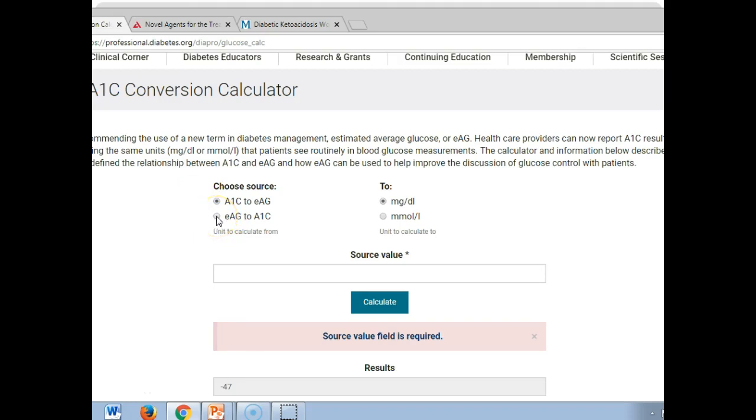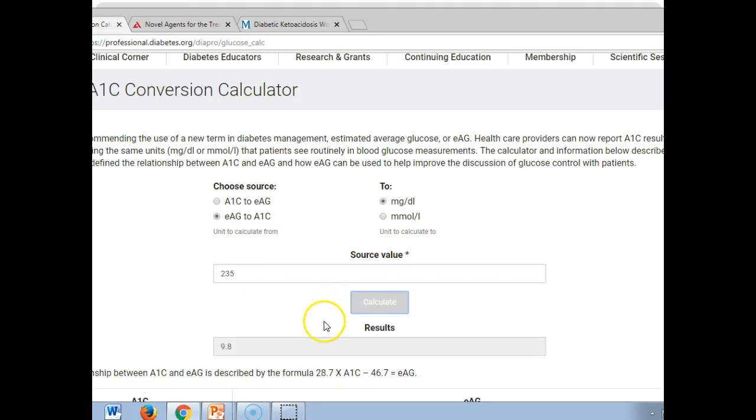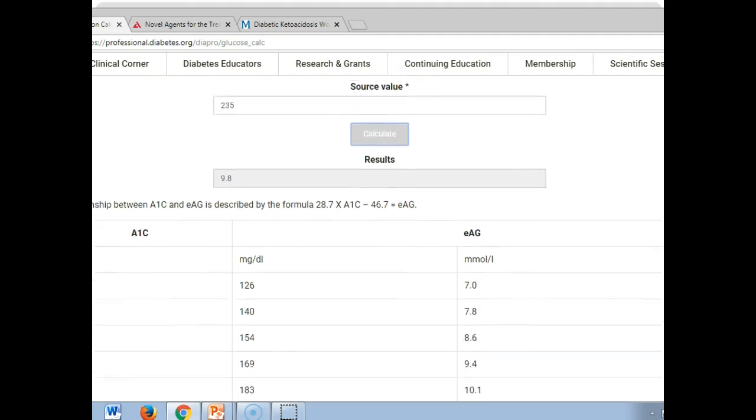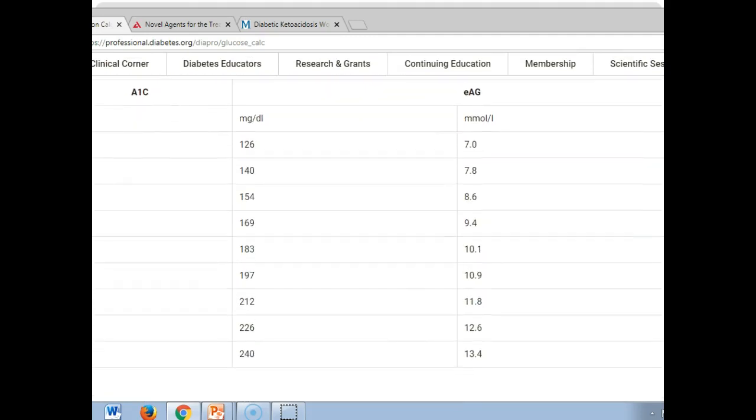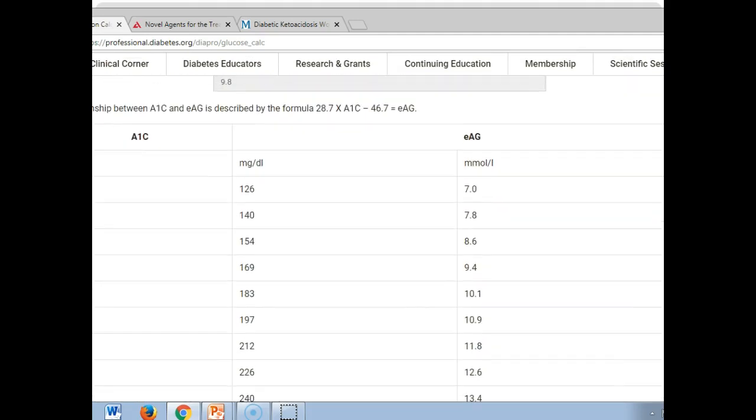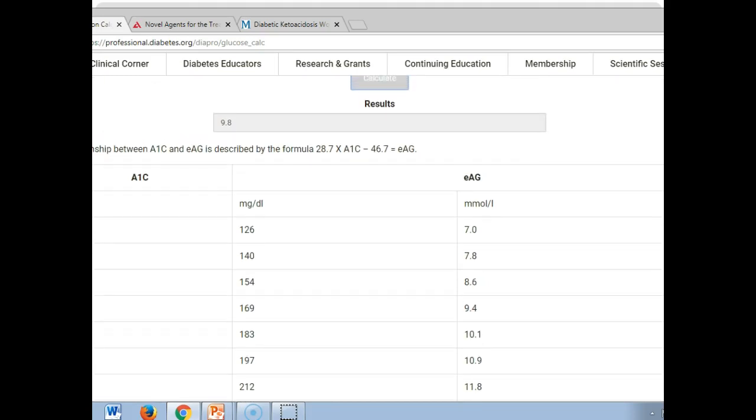So say we did figure out that his average glucose was 235, and we're just going to poke that in and see what we get for an estimated A1C, and that is 9.8. And down below there's also a nice little table that correlates and tells you kind of where things are in terms of estimated A1C.